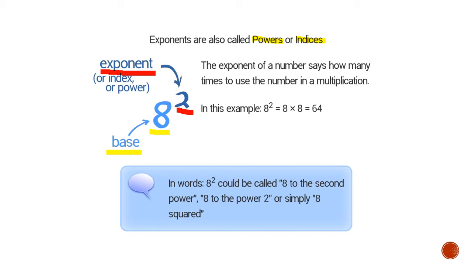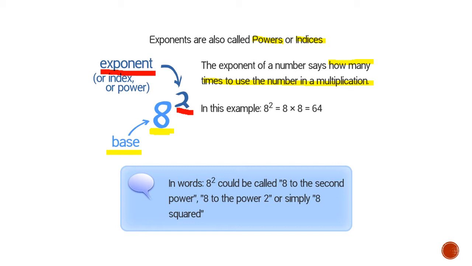Na kung saan itong 2 indicates kung gaano daw karami, how many times to use the number in a multiplication. And this number here is the base. So, in this example, 8 squared is equal to 8 times 8. Bakit naging 8 times 8?